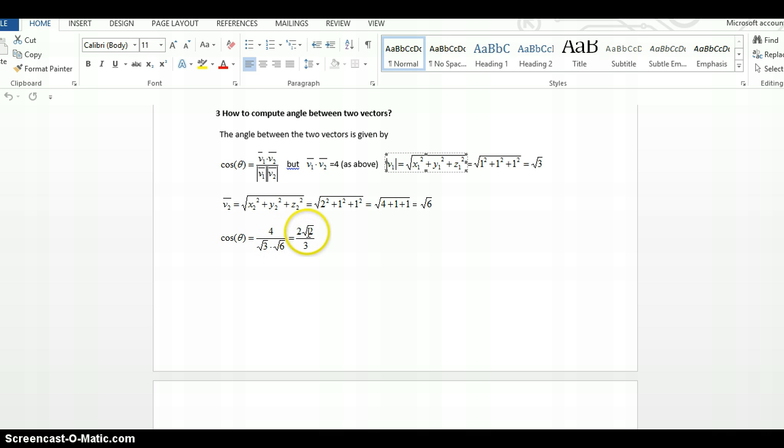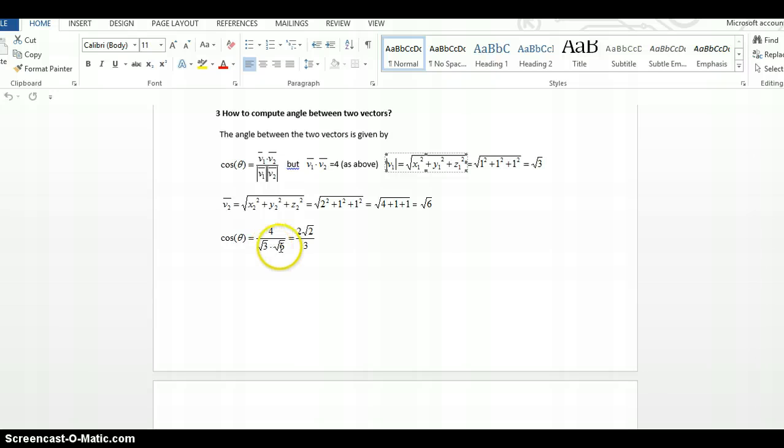This is root 3 times root 6, which should give us root 18.